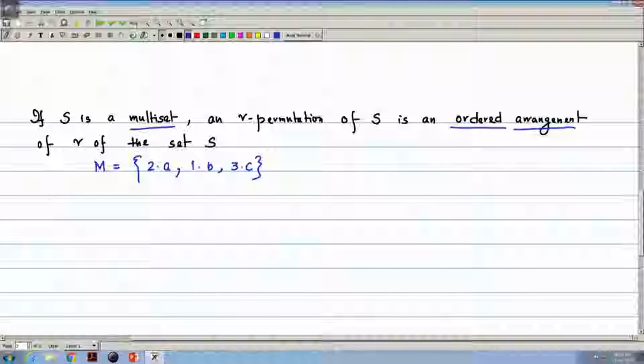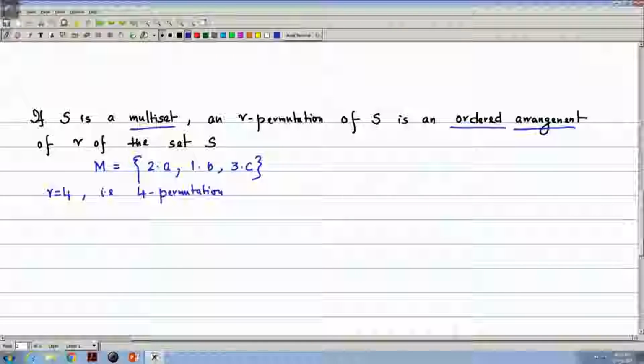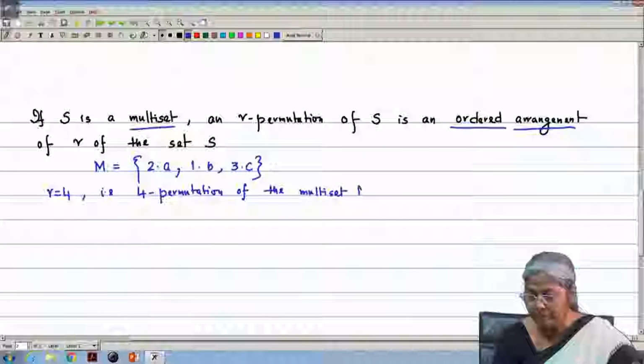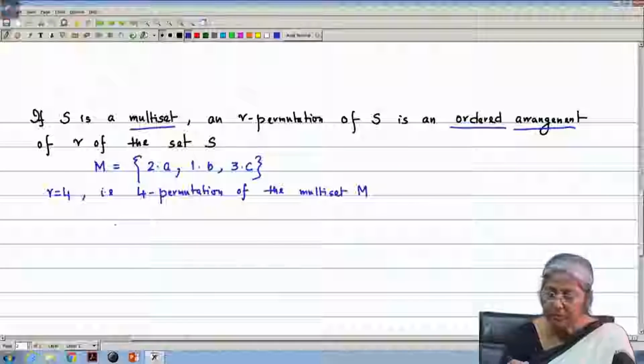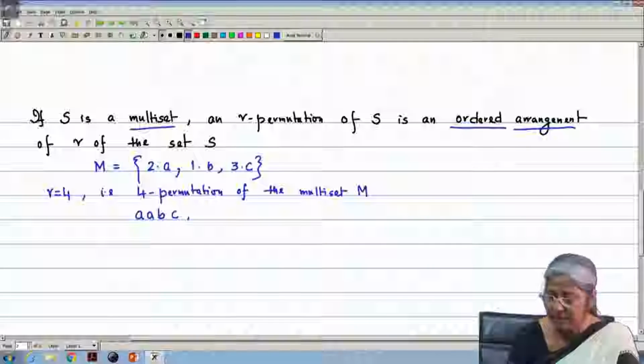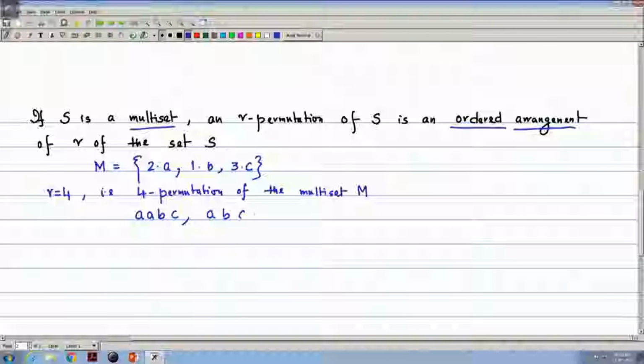Then if I want r equal to 4, that means a 4-permutation of the set M, some of the 4-permutations can be written as A B C C. These are some of the 4-permutations.